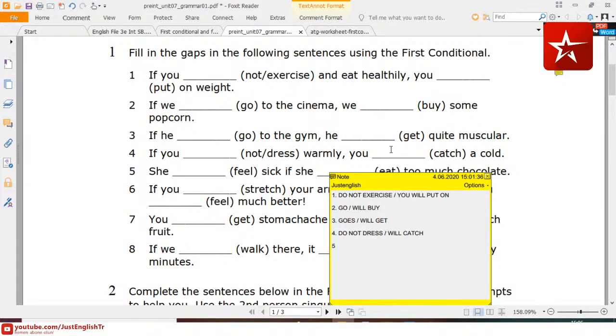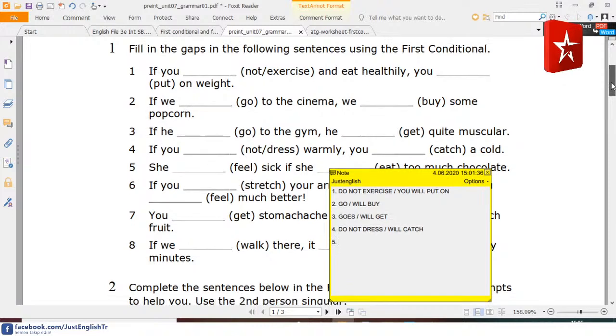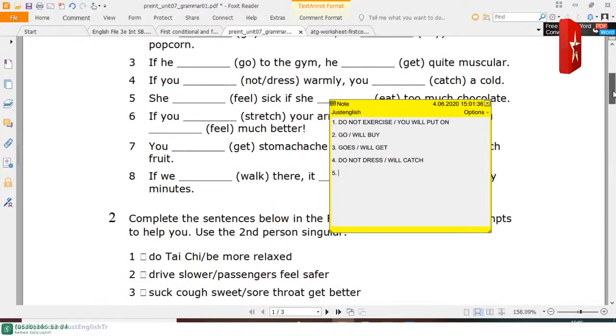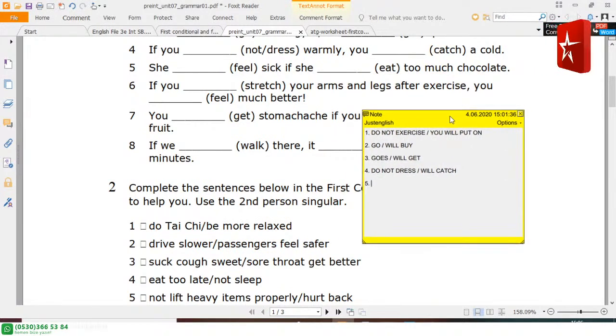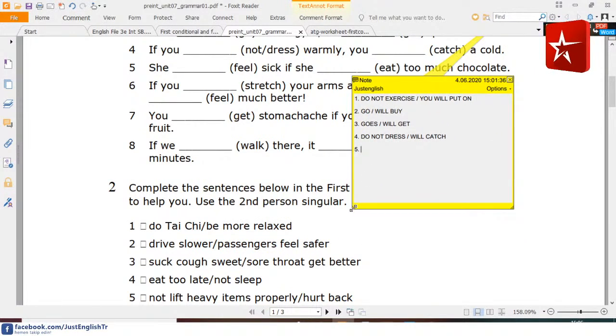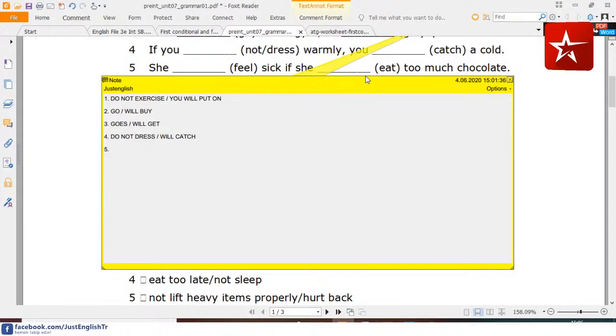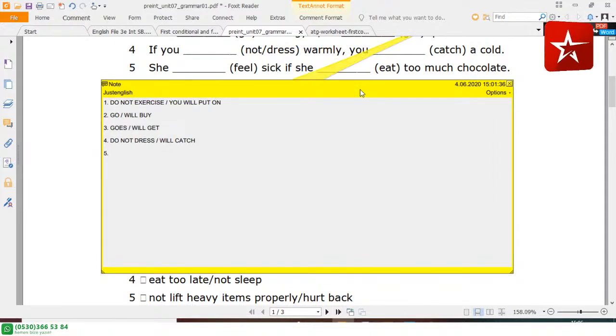Okay, and let's continue with number 5. Let me scroll it down in order to show you number 5. Number 5, she blah blah blah feel sick if she blah blah blah too much chocolate.